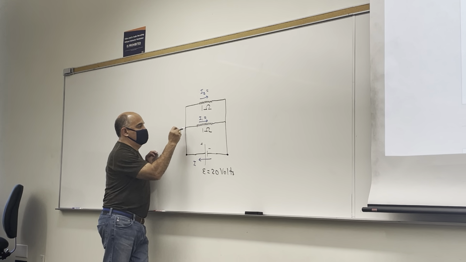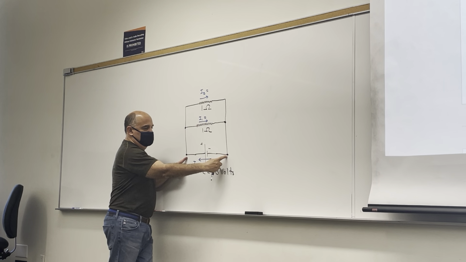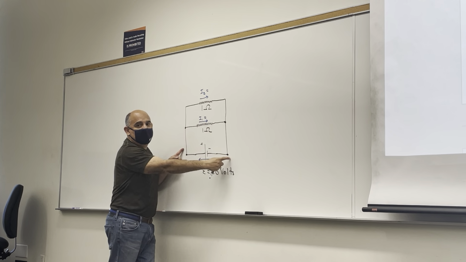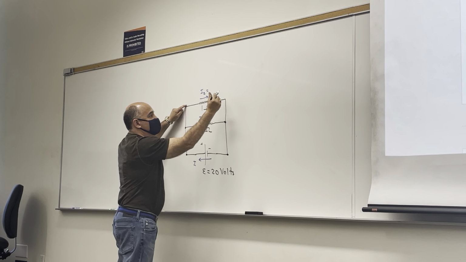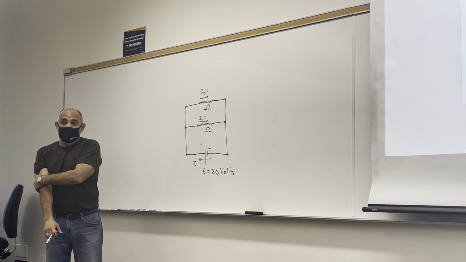But the potential here is the same as the potential there, right? Because you didn't go across anything. And the potential here is the same as the potential there. So this difference has to be the same as this difference, because these two are equal. And it has to be the same as this difference. So the voltage across each of these resistors is therefore how much?